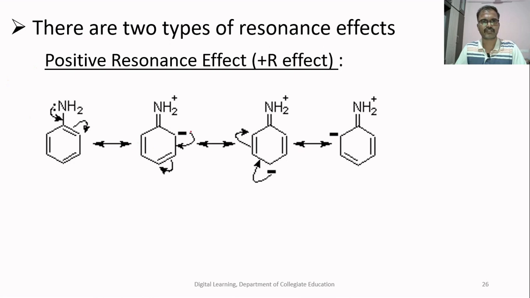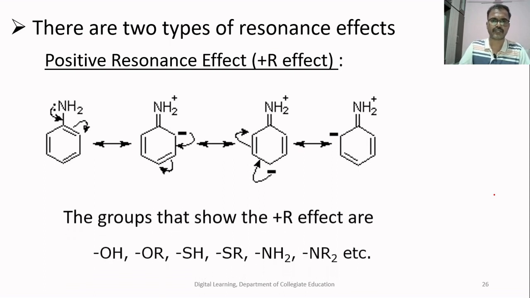So this effect is called positive resonance effect. That means the resonance effect which involves the transfer of electrons away from the atom or group attached to the conjugated system is called positive resonance effect. The groups that can show the positive resonance effect are OH, OR, SH, SR, NH2, etc.